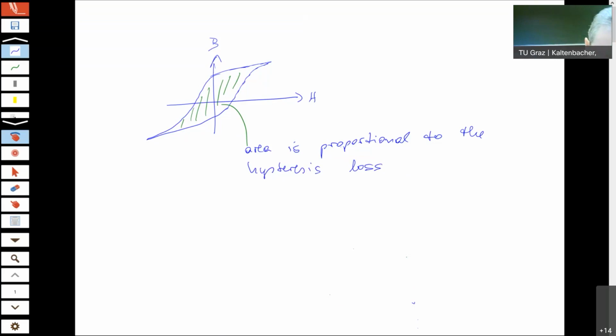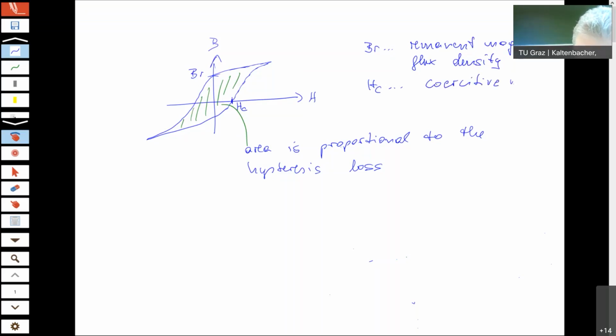And perhaps we call this value B_R. So B_R is the remanent magnetic flux density, and this part is H_C, the coercive magnetic intensity.